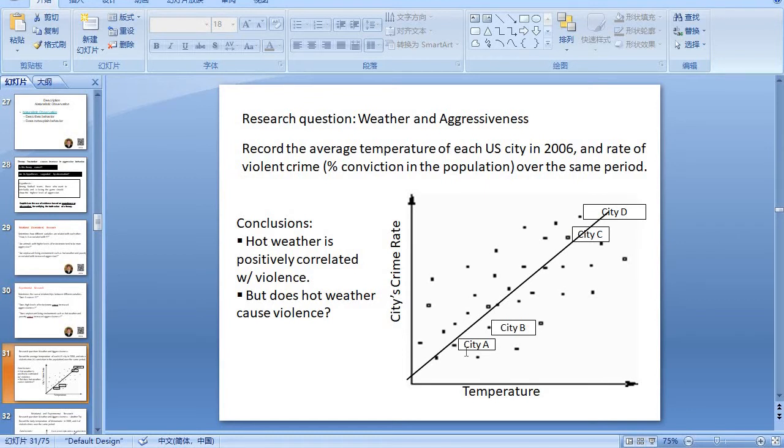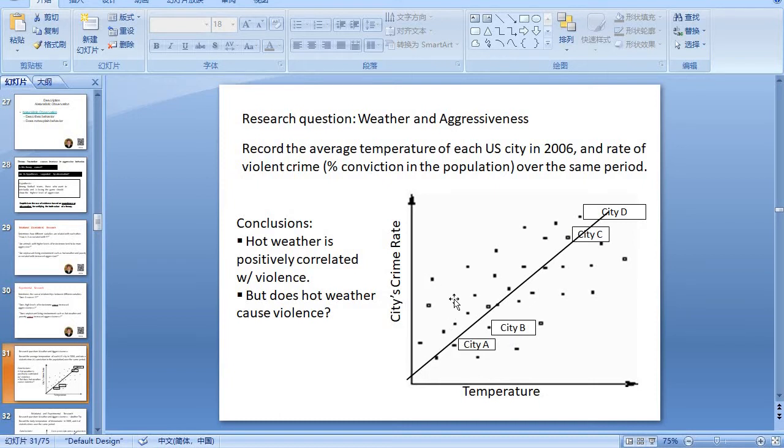City A is in a very cold place, cold weather. The annual yearly average temperature is pretty low. And the crime rate of City A is also pretty low. Low number of crimes recorded.